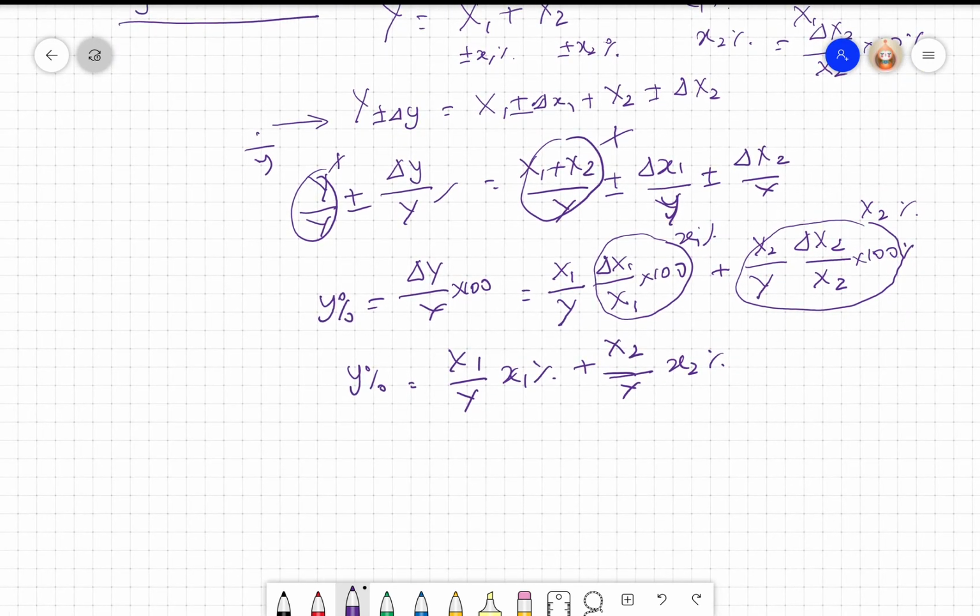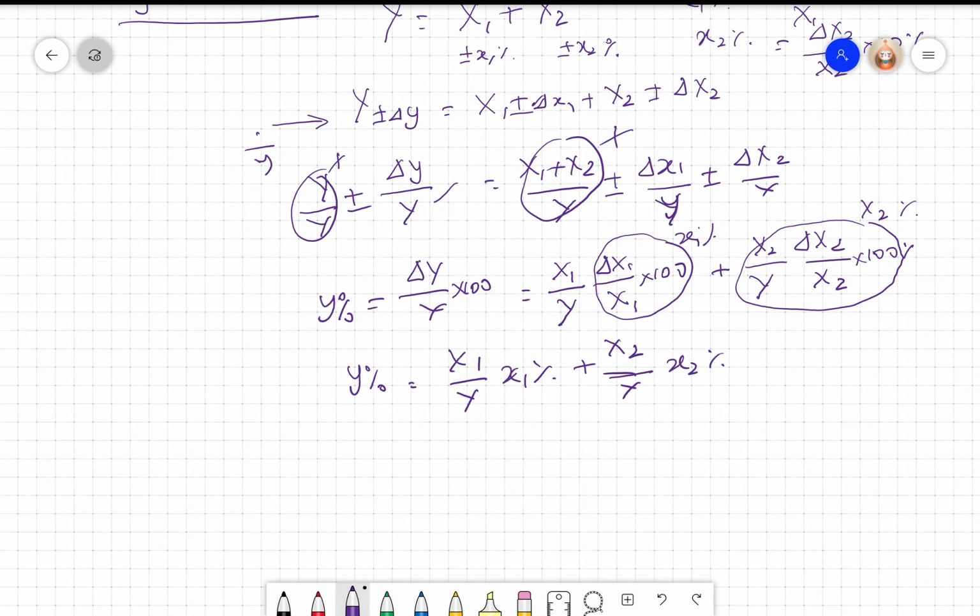So the error in x1 affects y to the extent that x1 is part of y. Similarly, error in x2 affects y to that ratio. What amount of y is formed by x2, right?